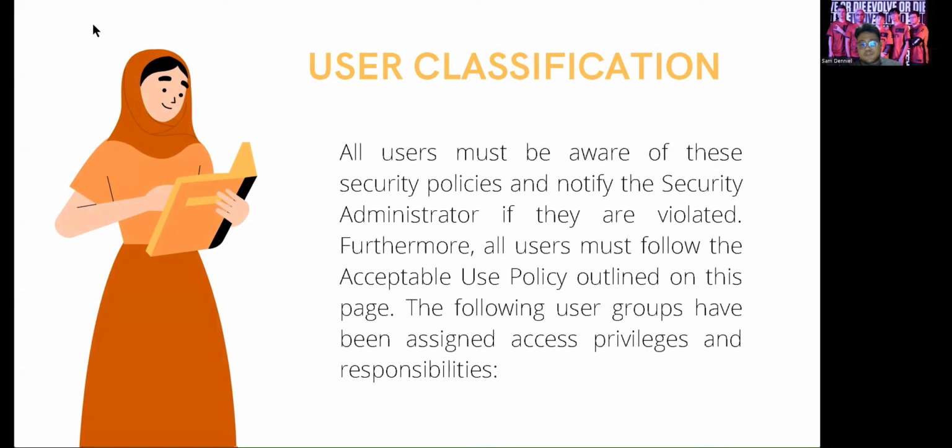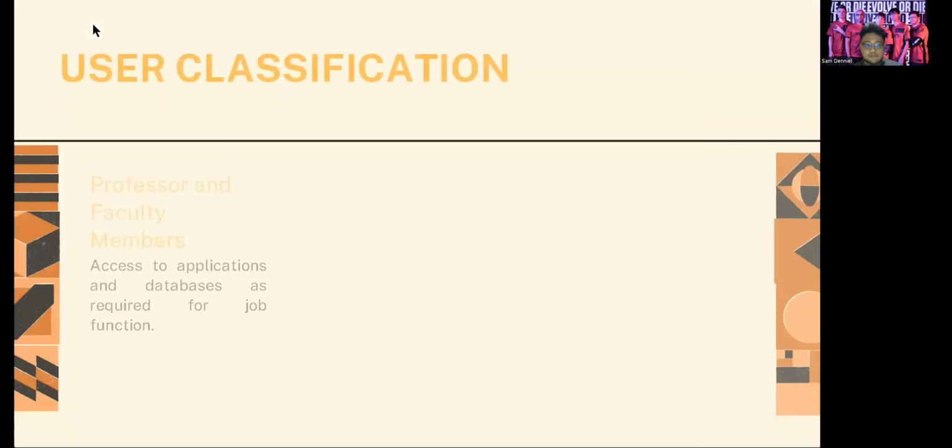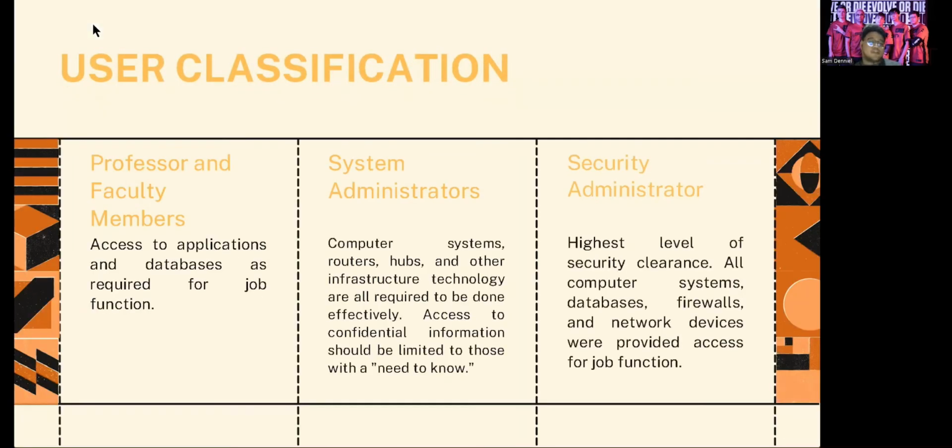The following user groups have been assigned access, privileges, and responsibilities. First up are professors and faculty members. They have access to applications and databases as required for job functions. Next are system administrators.